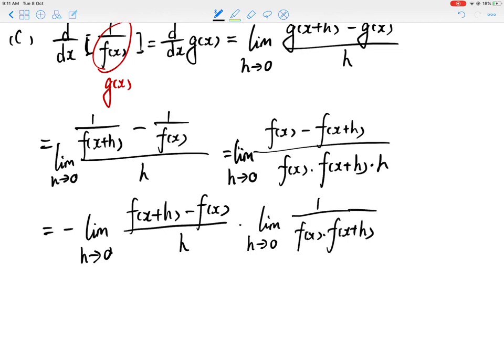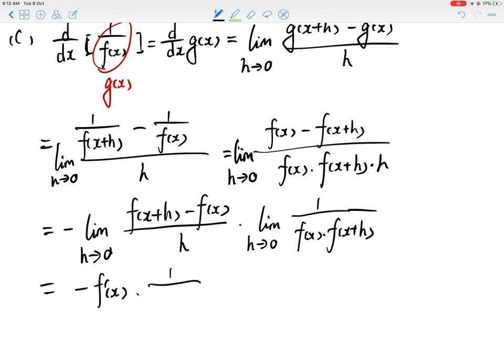This first part is the definition of f prime x. So it's negative f prime x times this part, where you just substitute h equals 0. When h is 0, f(x plus h) is just f(x).